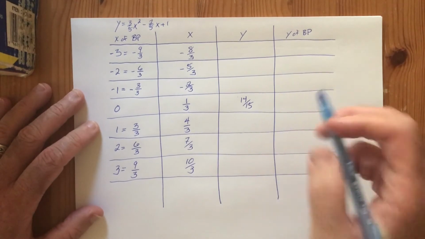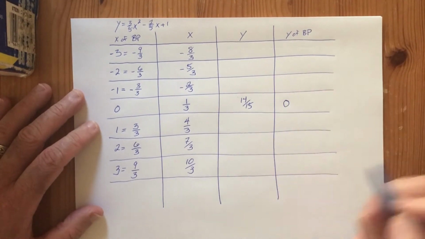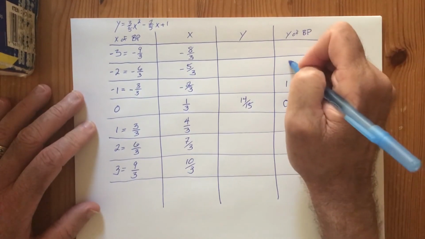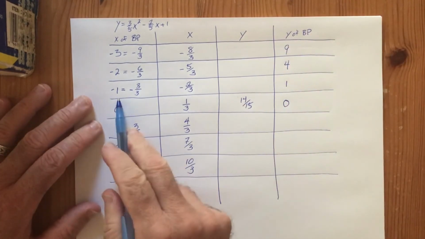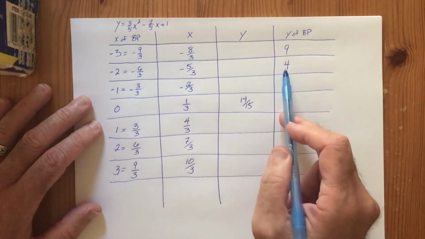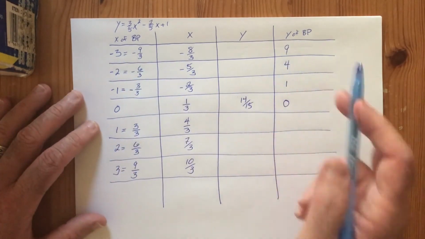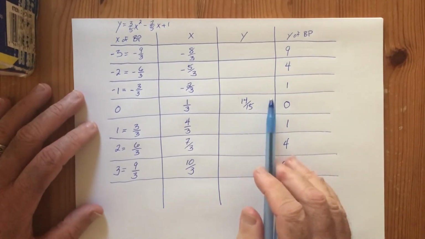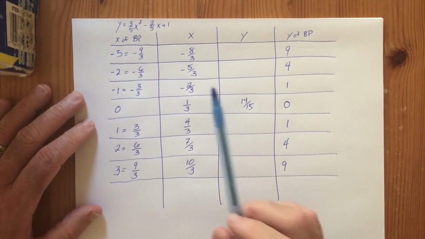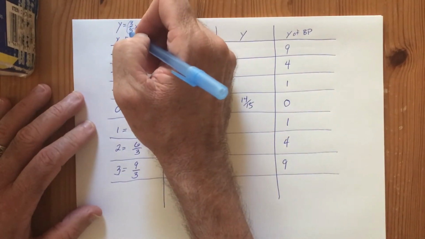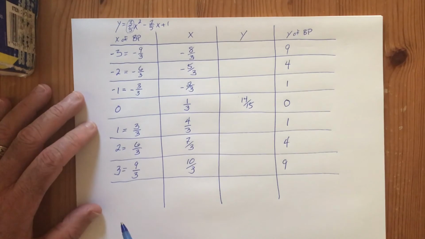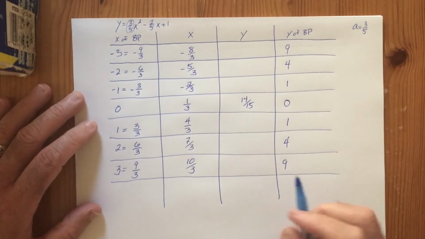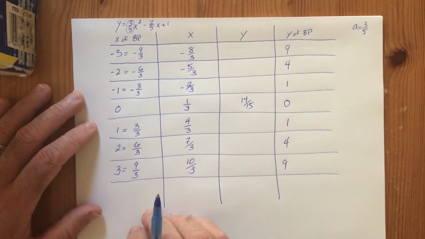Now, to do the y-coordinates, we recall that the y-coordinate of the vertex was 0, and that the other y values were 1, 4, and 9. In other words, negative 1 squared is 1, negative 2 squared is 4, negative 3 squared is 9, and we do the same the other way. Here's a key point though: we have to take notice of the coefficient in front of the x squared. It's very important to remember that a is 3/5, because that has an effect on the y-coordinates of this parabola.